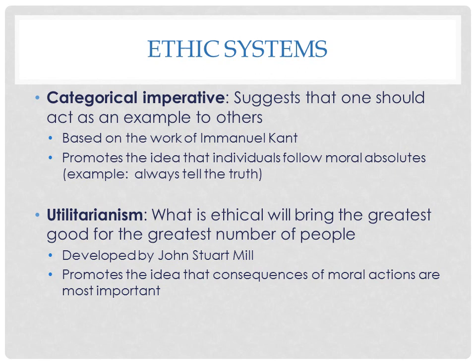Then there is utilitarianism. What that means is what is ethical will bring the greatest good for the greatest number of people. And this was developed by John Stuart Mill. It promotes the idea that consequences for the most number of people is the most important.